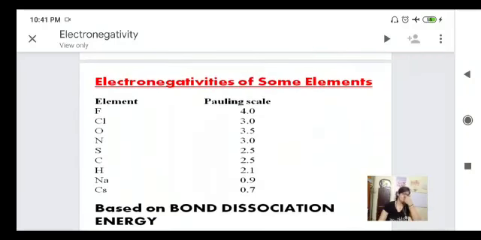These are the electronegativity values of some elements, where we can see fluorine being the highest, having value 4, then oxygen 3.5, chlorine 3, nitrogen 3, and so on, and finally cesium, the least electronegative element, having the value of 0.7.